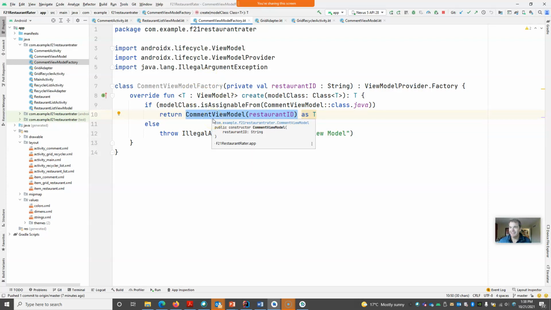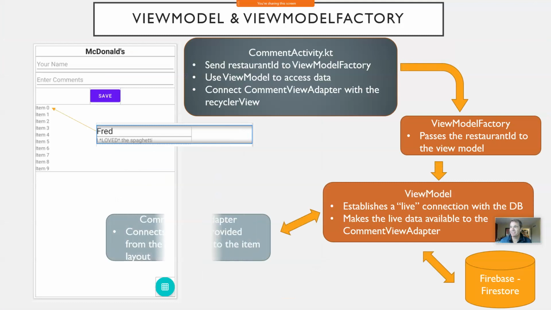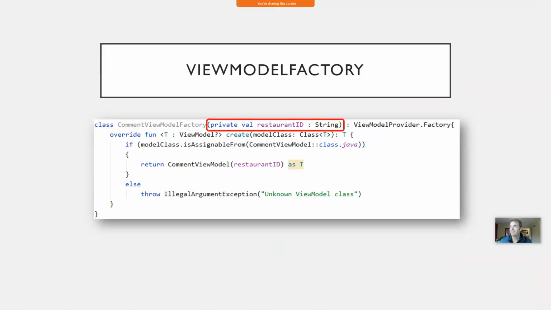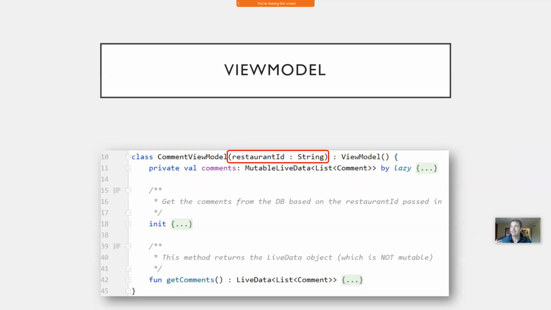In the slides, what I was showing was there's not a lot of data you actually have to change in these factories. We pass something into the factory, and then we pass it back out. So there's not a lot of code in here that you really need to modify or play with. The same is true with our view model. Now we have the ability to pass information in and use it.